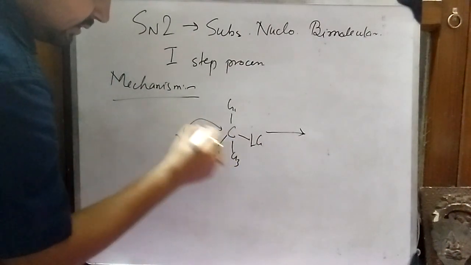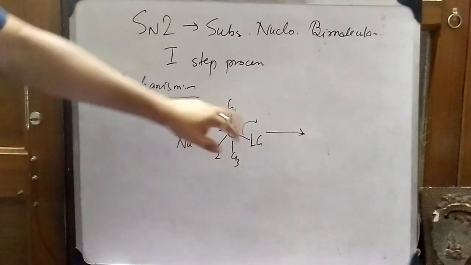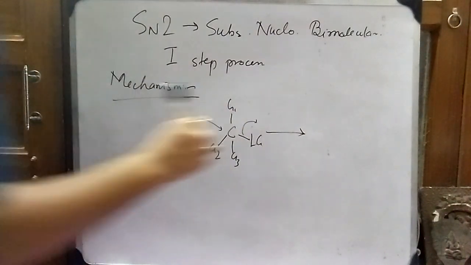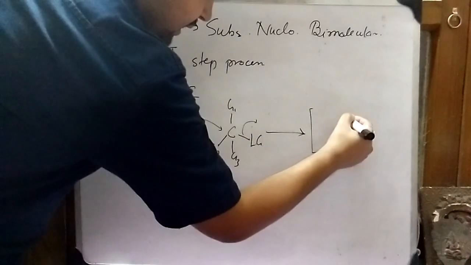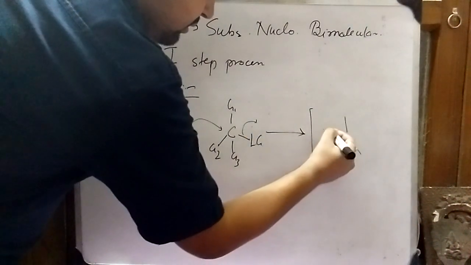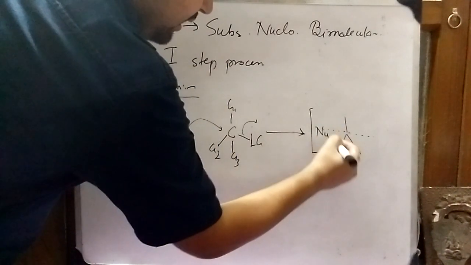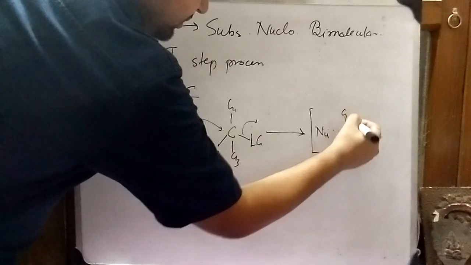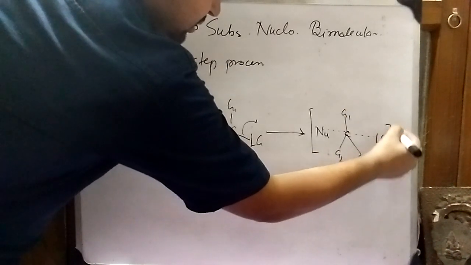The nucleophile will attack this carbon and the leaving group will get out. This happens via a wedge line. Here the nucleophile comes, here it is carbon, here it is G1, G2 and G3, and here is the leaving group.